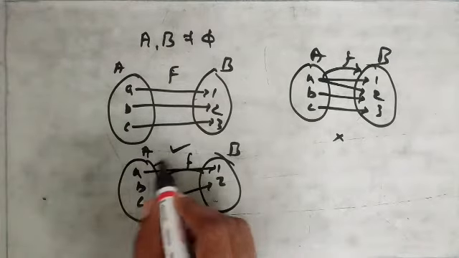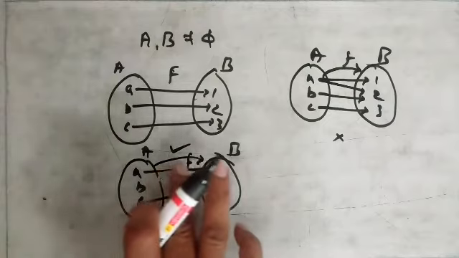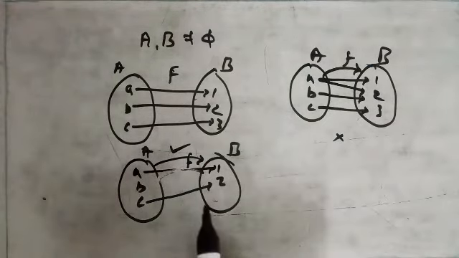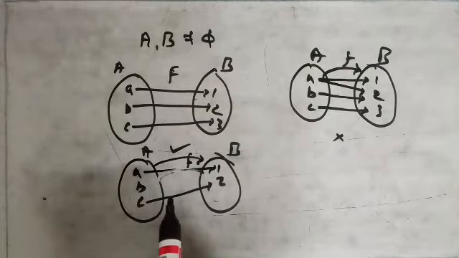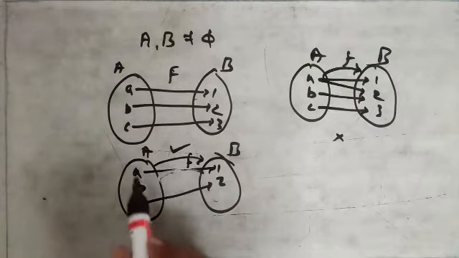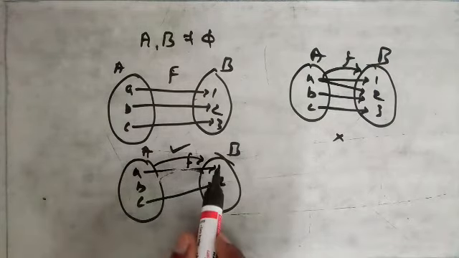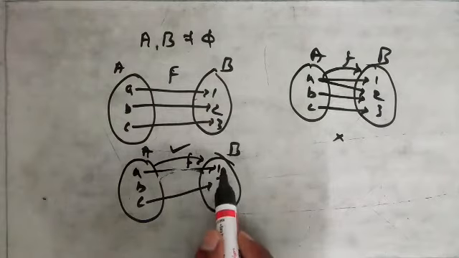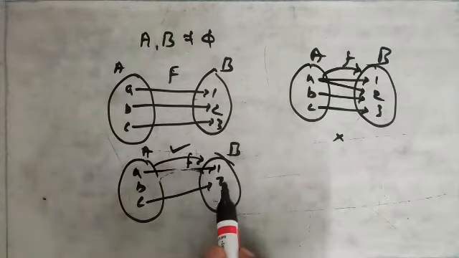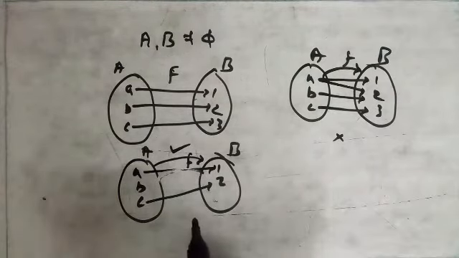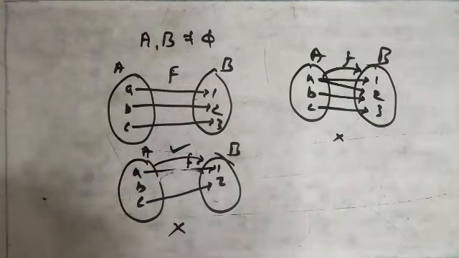Is this a function or not? This relation is not a function because A and C associate elements of B with this relation, but B does not associate any element of B with this relation. So this relation is not a function. Clear?